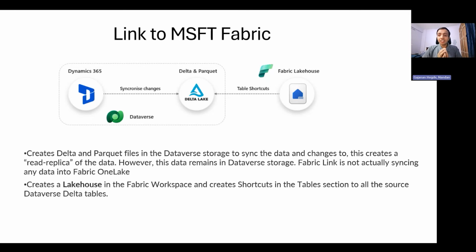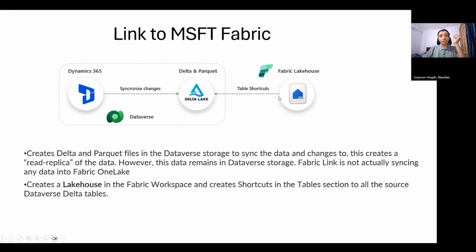And Dataverse storage is a costly affair. So one has to weigh the benefits of cost due to storage increment versus data deduplication effort. In this case, Dataverse itself is the original source of truth and it is containing the data. So the Dynamics 365 data is not moving outside the Dataverse ecosystem. Now, why is this duplication happening?